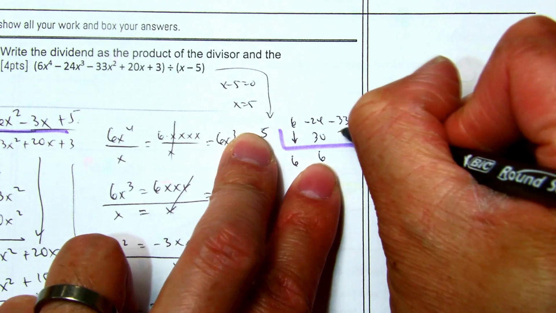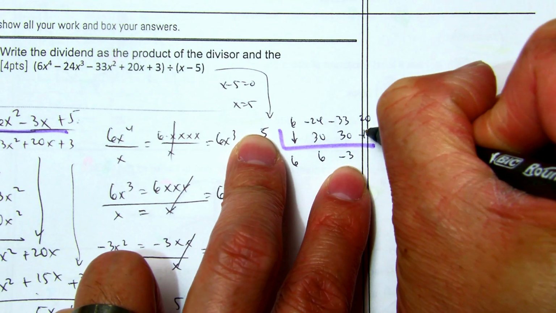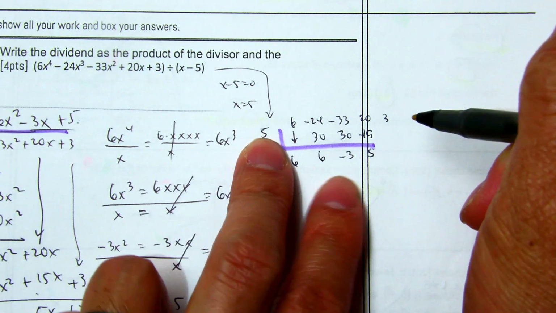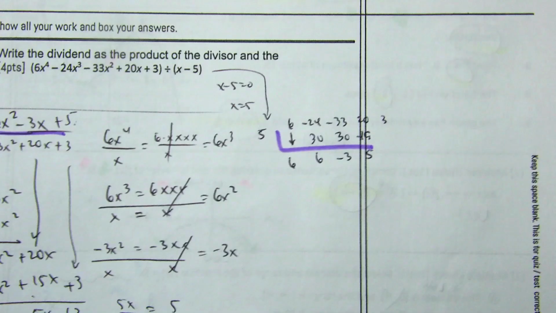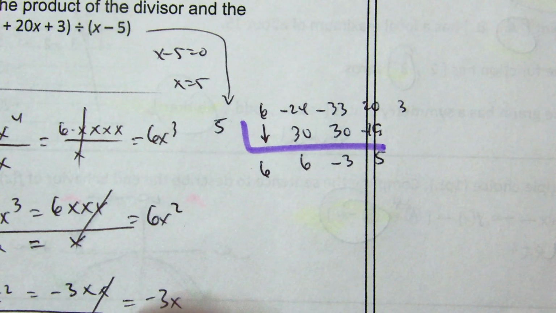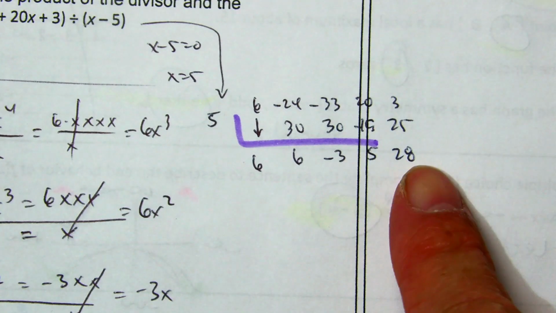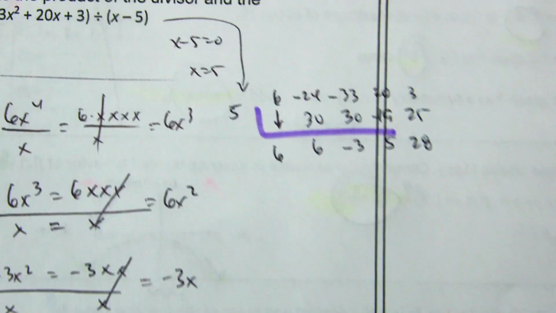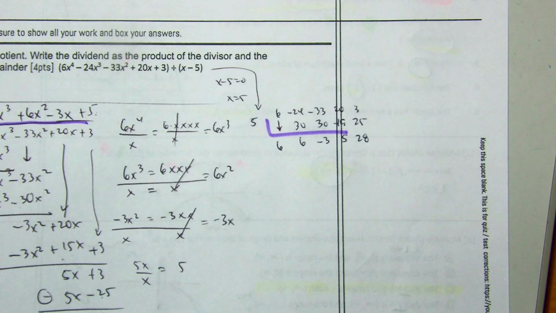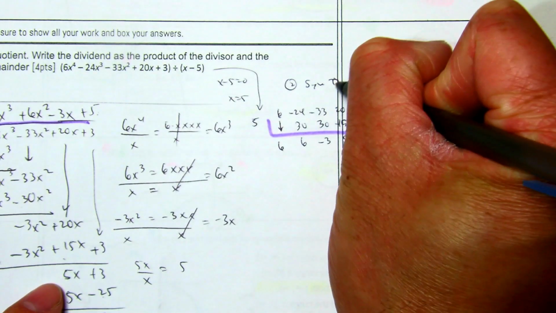Multiply, add down. Multiply, add down. Multiply, add down. The last one is my remainder, and you'll see how it's pretty much the same thing. So this is synthetic division.